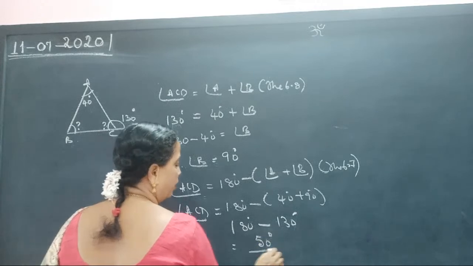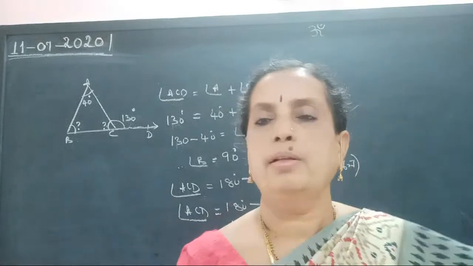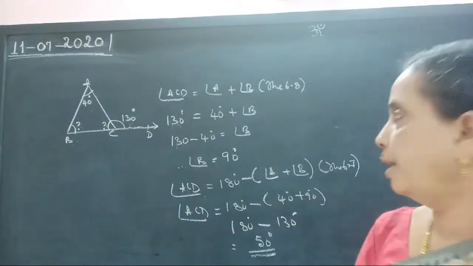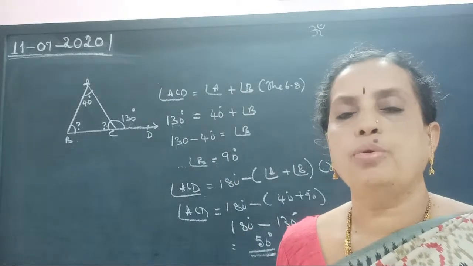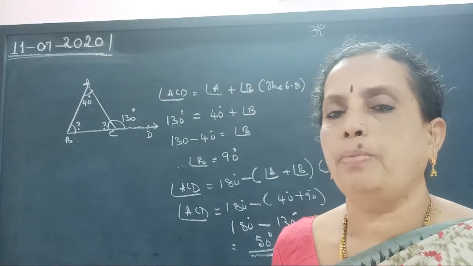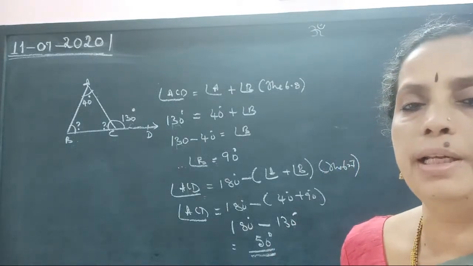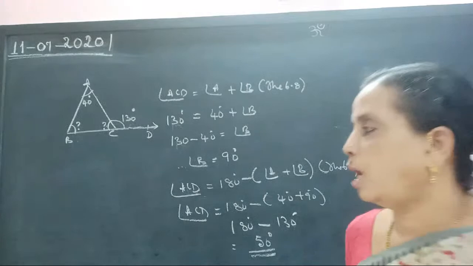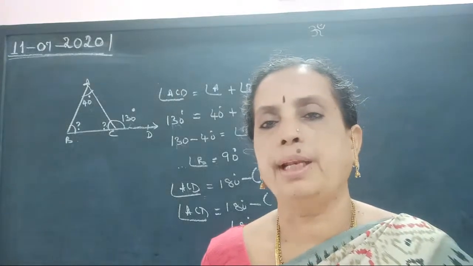Some of them have written 10 degree. How will you get 10 degree? So using the exterior angle property, we got angle B. Then using the angle sum property, we got the measure of angle ACD. So though you know the answer orally, we require the steps along with the reason.